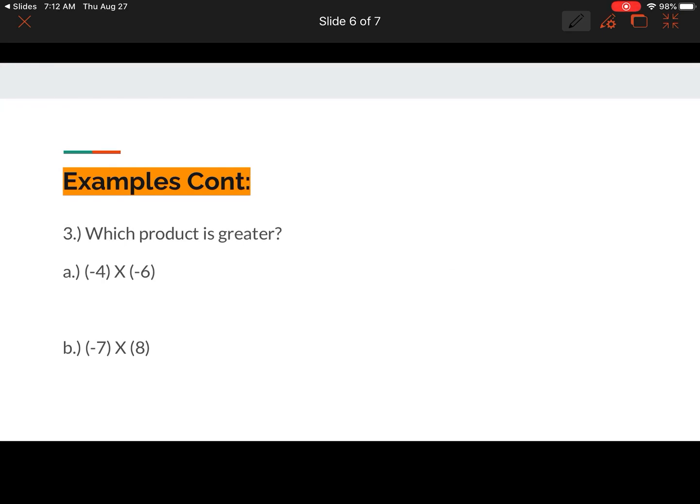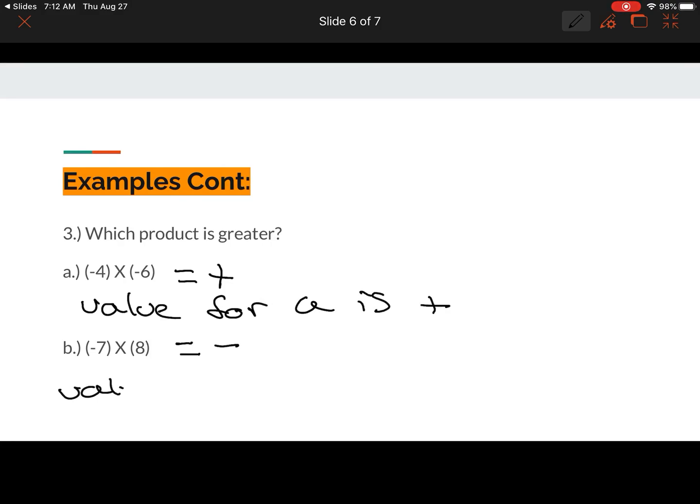All right, which product is greater? Negative 4 times negative 6 or negative 7 times 8? When we're looking at this, we can either solve out the entire multiplications, or we can look at our signs. Let's remember, a negative times a negative is going to equal a positive, and a negative times a positive would equal a negative. So if our value for A is positive and our value for B is negative, then that would mean that A would be greater than B, because A is positive and B is negative.